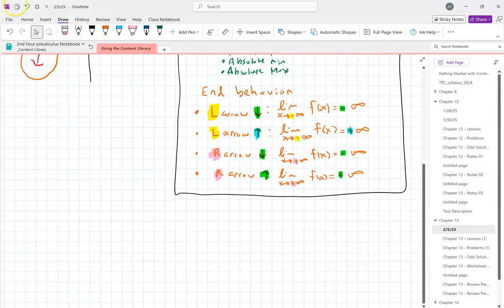So let's do a little rundown with the calculator.